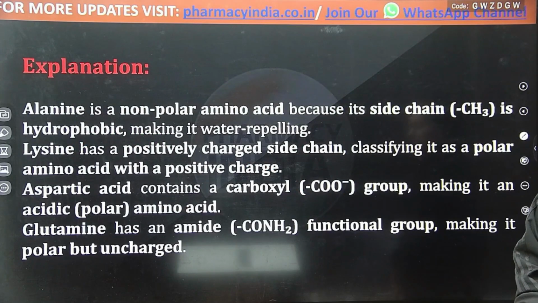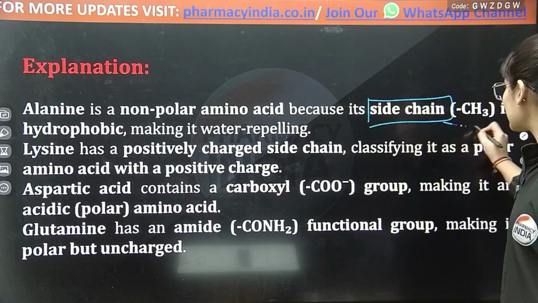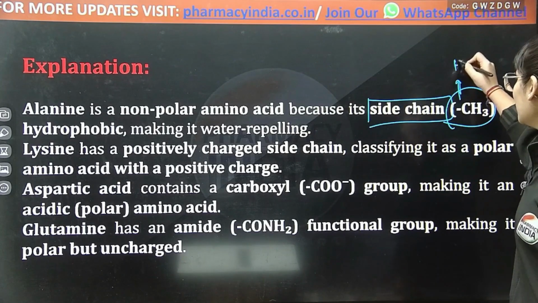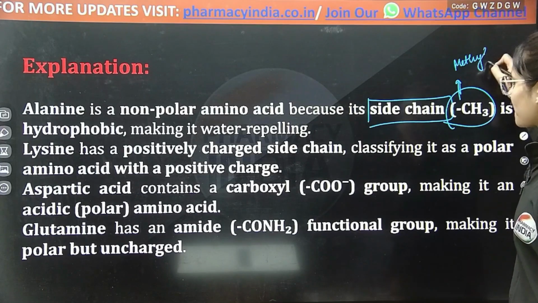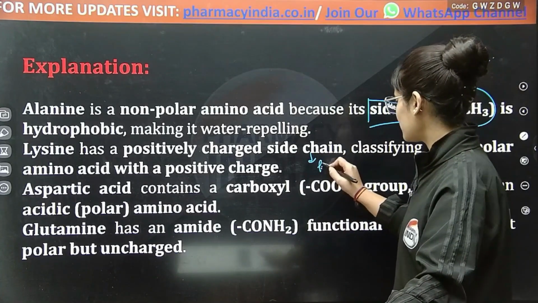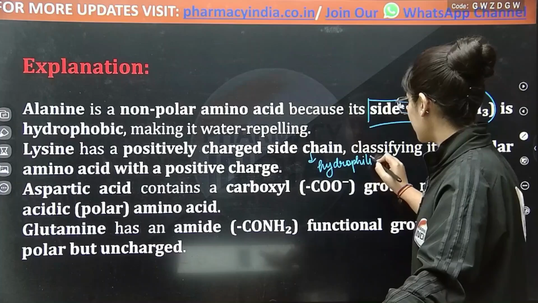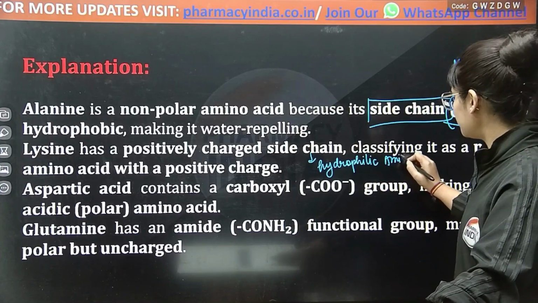Alanine is a non-polar amino acid because its side chain, that is CH3, methyl, is hydrophobic, which makes it a water repelling amino acid. Lysine has a positively charged side chain, classifying it as a polar amino acid, and it is a hydrophilic amino acid also.